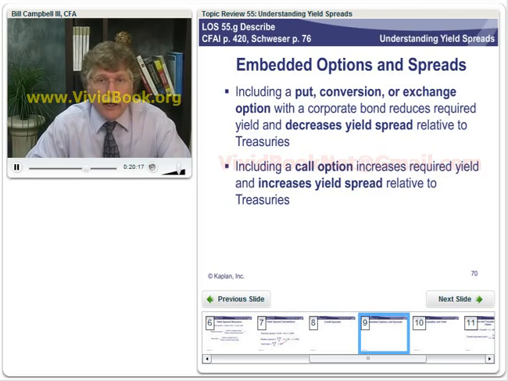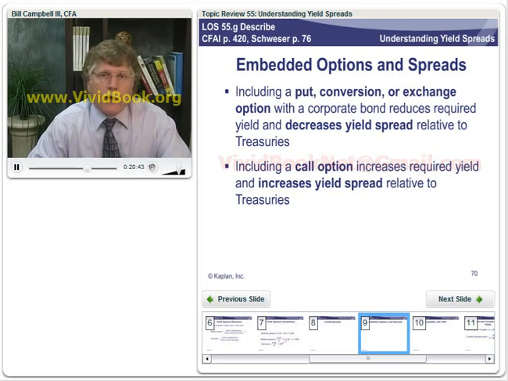Either way, if they pay a higher price or they get a lower coupon, that decreases the yield on the bond. So everything else being equal, the yield on bonds with options that favor the bondholder, put options, conversion options, exchange options, are going to have a lower yield and therefore a lower spread to treasuries.